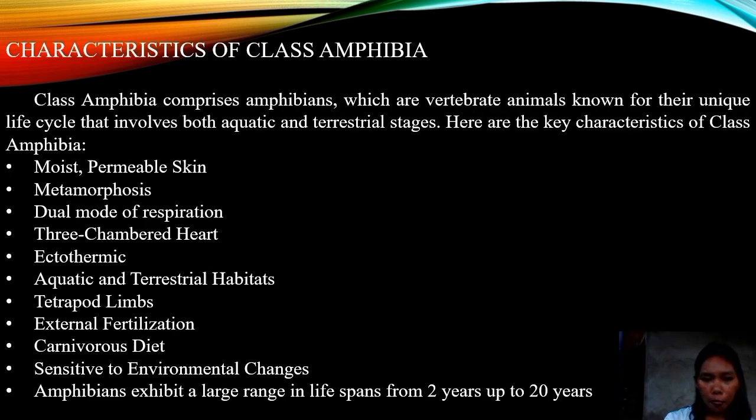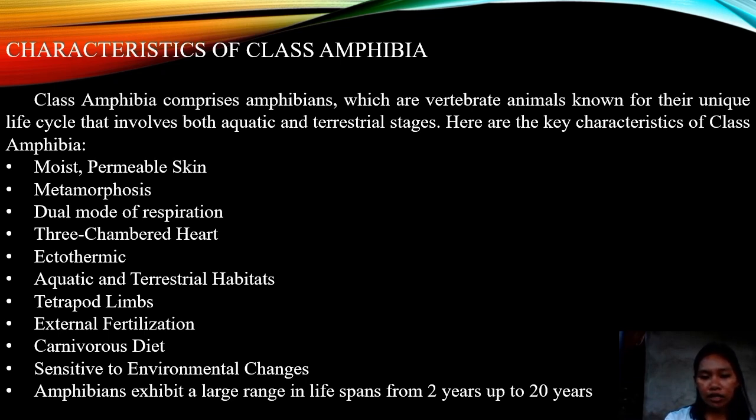Next, class Amphibia encompasses amphibians, which are vertebrate animals known for their unique life cycle that involves both aquatic and terrestrial stages. Here are the key characteristics of class Amphibia. First is moist, permeable skin, metamorphosis, dual mode of respiration, three-chambered heart, ectothermic, aquatic and terrestrial habitats, tetrapod limbs, external fertilization, carnivorous diet, and sensitivity to environmental changes.